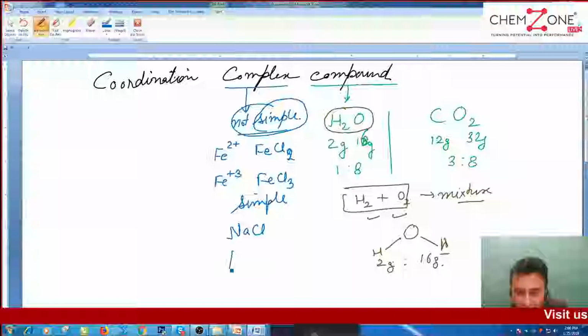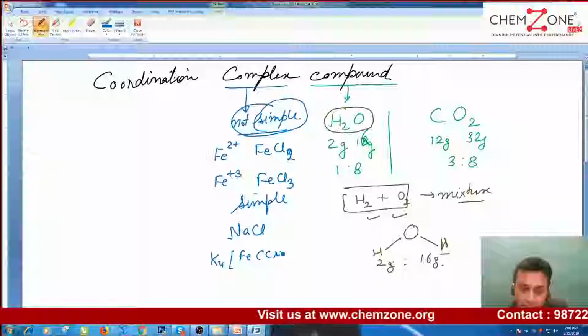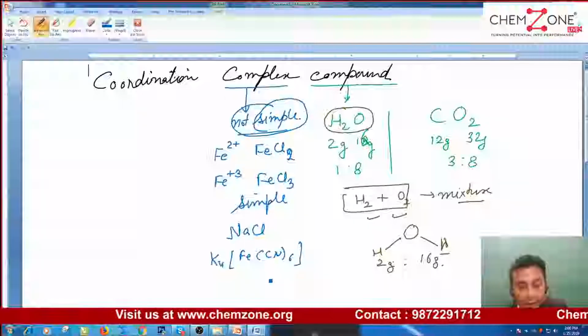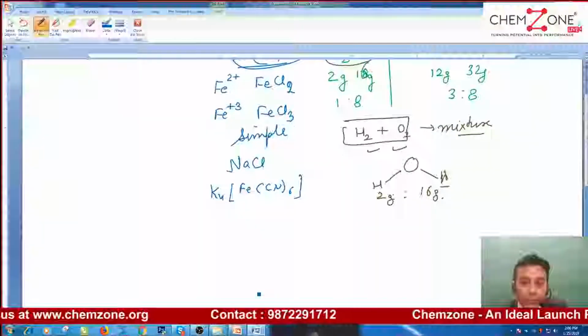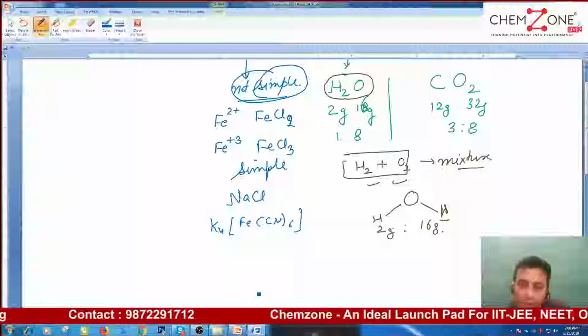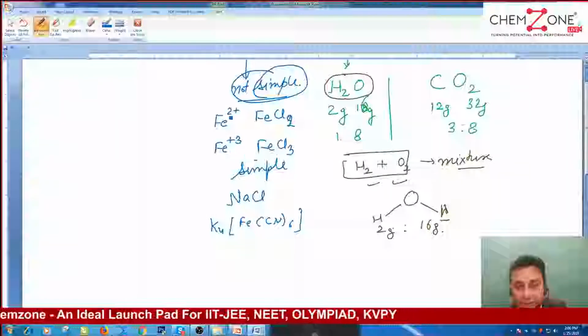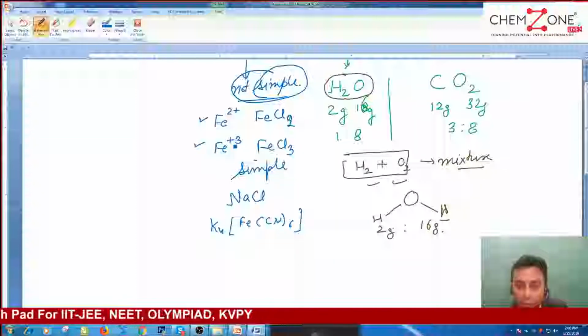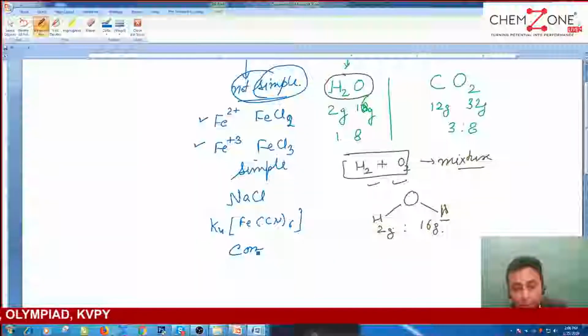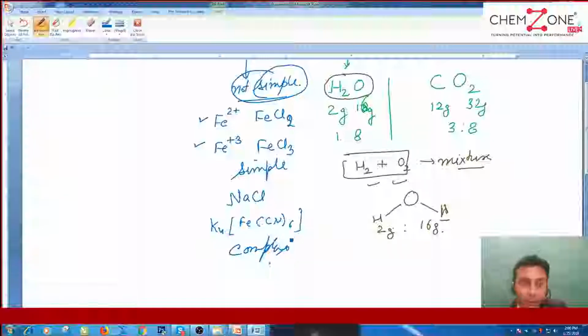But if I have this compound K4[Fe(CN)6], here iron is making bonds more than its normal valency or oxidation number. This is called a complex compound. So Fe is making 6 bonds here. Yeah, it is making 6 cyanide-ion bonds.